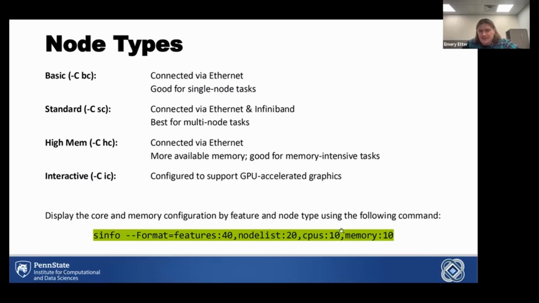And I'll touch on this more tomorrow, but if you use this sinfo command that I provided here in a command line interface, it'll actually show you how many nodes of each type are available and all the different attributes of each of the nodes.